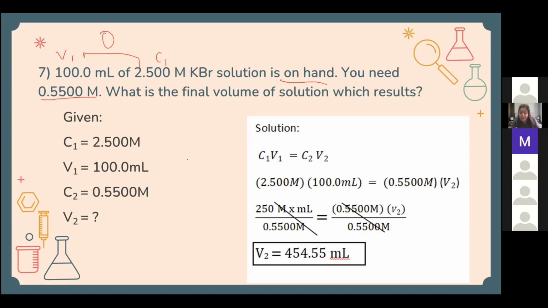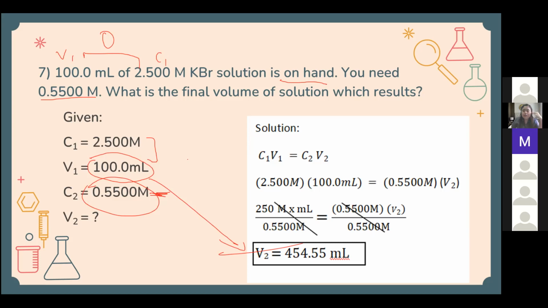You cancel the M. You will be left with mL. And yes, this is correct, 454.55. So to make this solution, you need to add water from 100 mL to make it 454.55 mL so that from 2.5 molarity it becomes 0.55 molar. That's how you do the dilution.